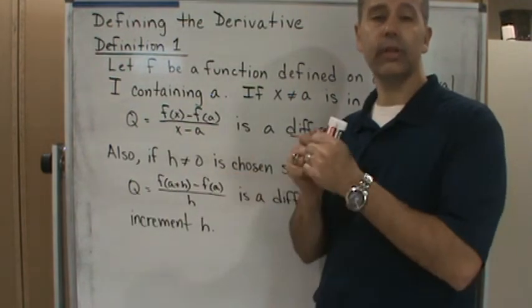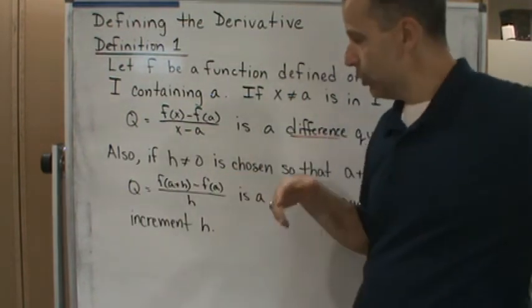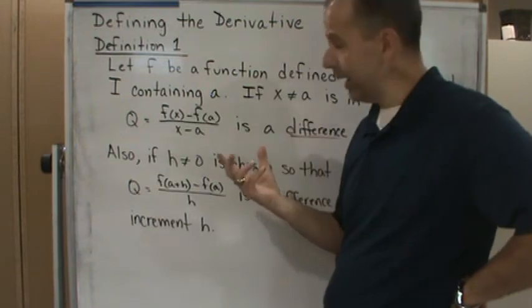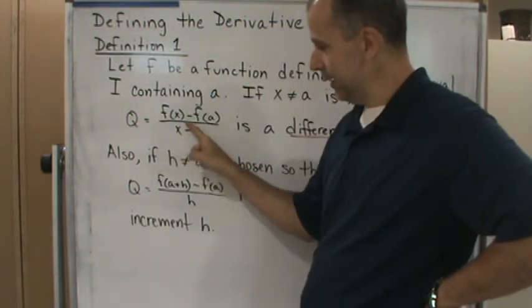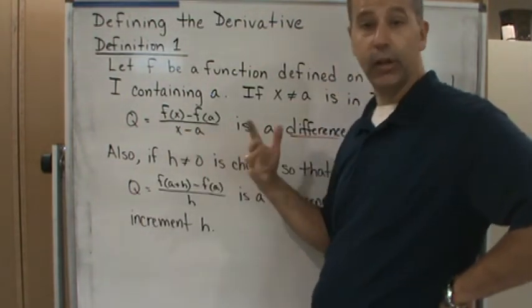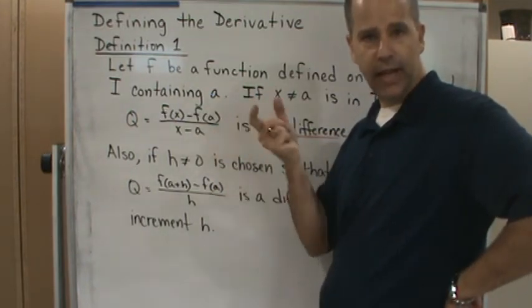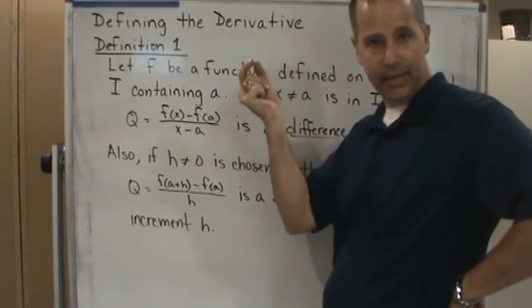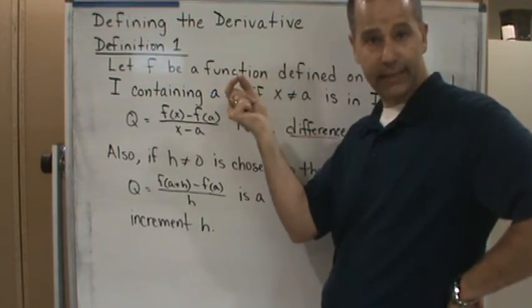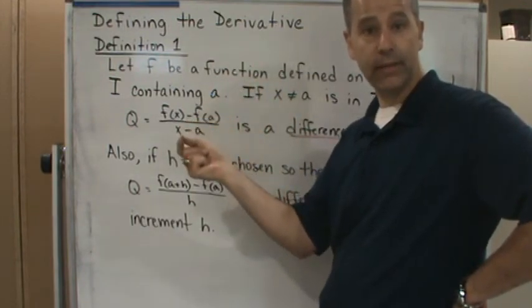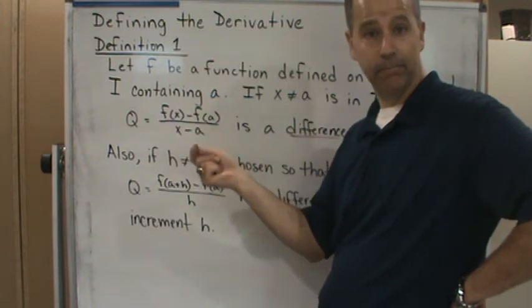Now we're going to use the limiting process to tell us what happens as x gets closer and closer to a. Equivalently, what happens to this function as the point x comma f of x gets closer and closer to the point a comma f of a?